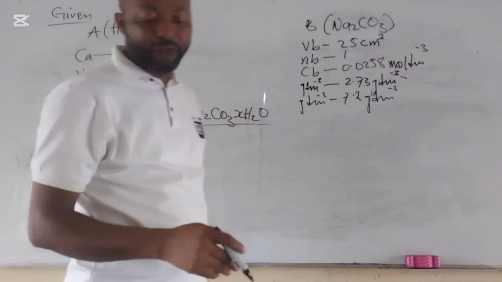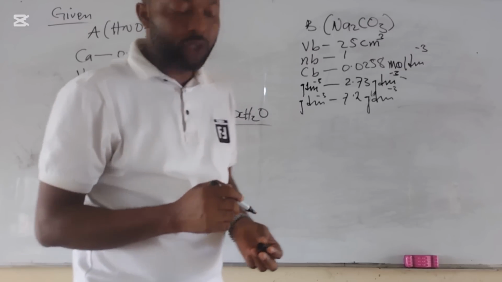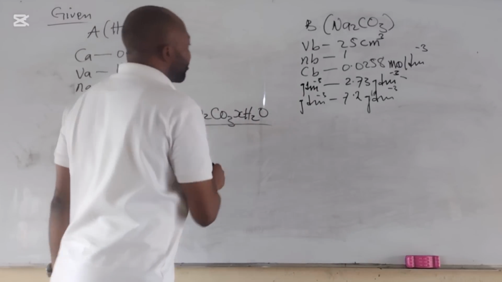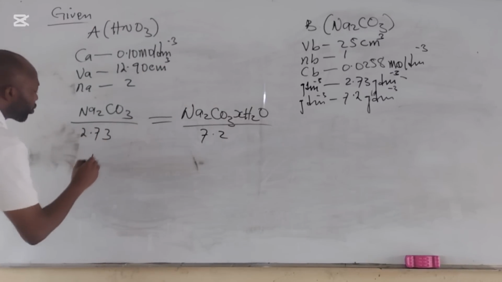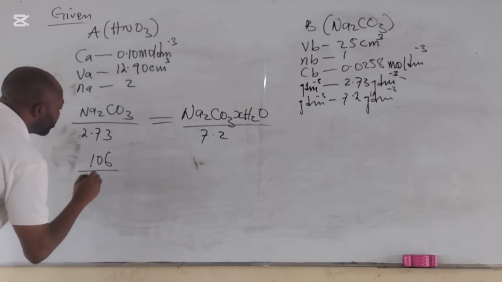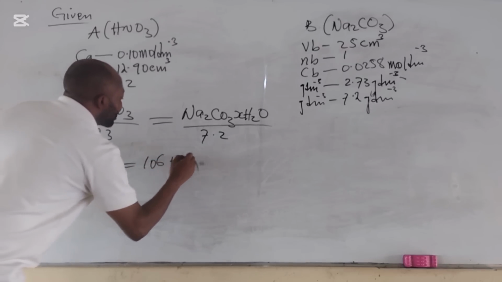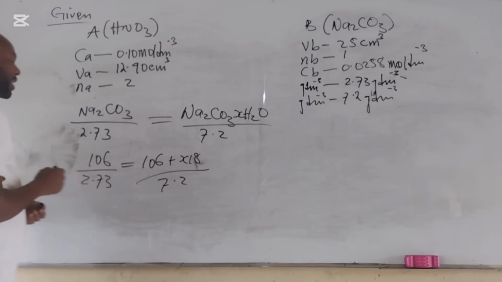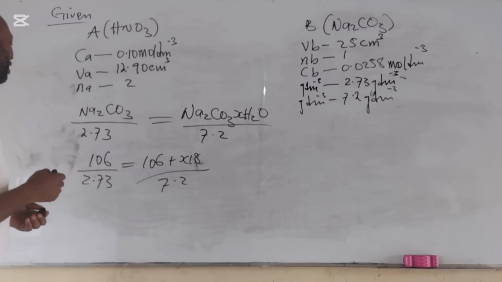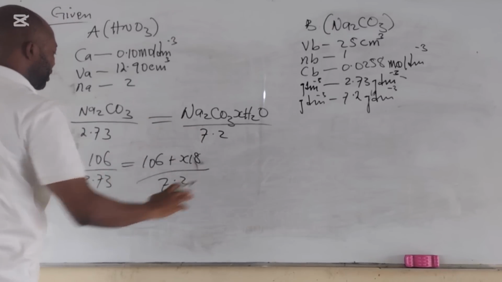Remember they said, given that B contains 3.6 of the hydrated sodium trioxocarbonate(IV). So that is a part of it. And this is 7.2. So I'm going to find out that 106 over 2.73 is equal to 106 plus X18 over 7.2. If I have to make my X the subject, this is going to come with this and this go with it.